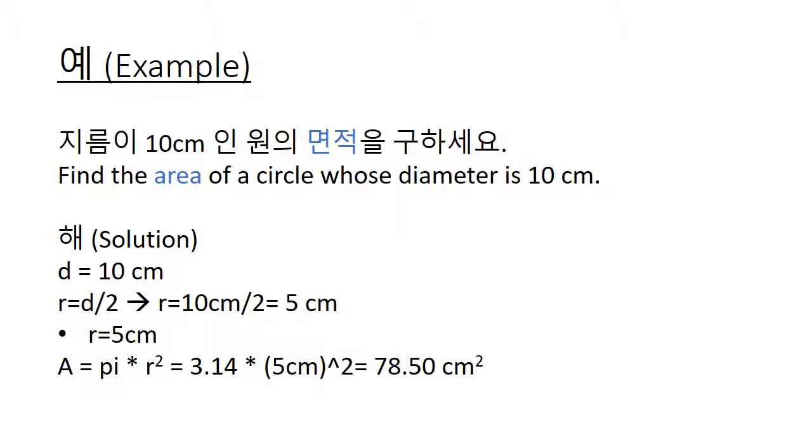Now we know that r equals 5 centimeters, so we can plug this into our formula, a equals pi r squared, and this gets us 3.14 times 5 centimeters squared, which is equal to 78.50 centimeters squared. So the area of the circle with a diameter of 10 centimeters is about 78.5 centimeters squared.